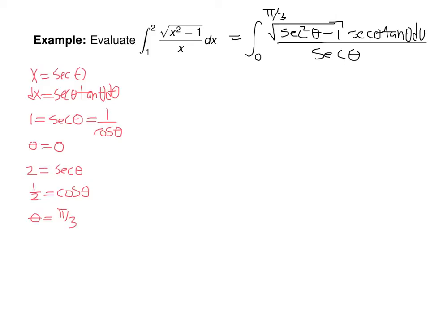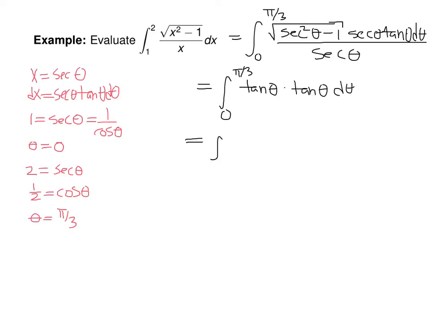So those secants cancel, and then you should remember that secant squared theta minus 1 is tangent squared, and when I square root that I just get plain old tangent, so I have tangent of theta times tan theta d theta.